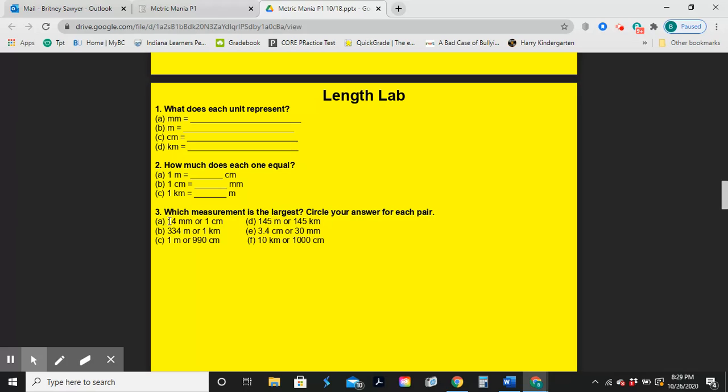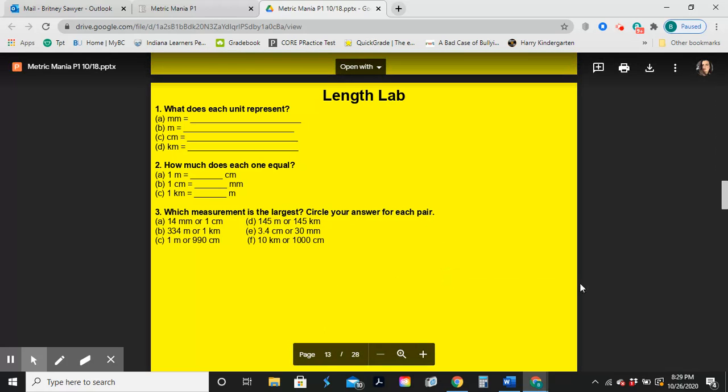You're going to highlight, change the color of it, or circle the correct answer. So for A, you have 14 millimeters or 1 centimeter. So on and so forth. A through F, all you're doing is determining which one is the largest one. You can circle it, you can change the colors, you can highlight it, whatever you feel comfortable doing.